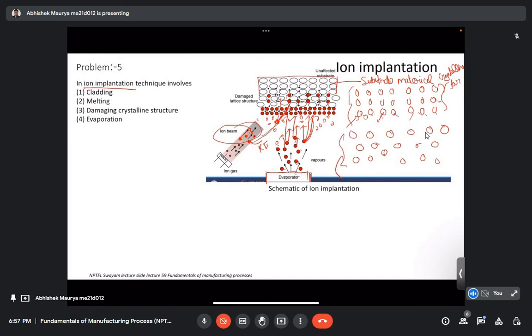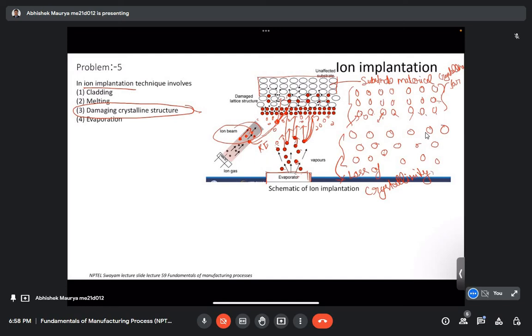So a little bit of loss of crystallinity will be there. Because of the loss in crystal structure, the correct answer will be the third one, damaging crystal structure.